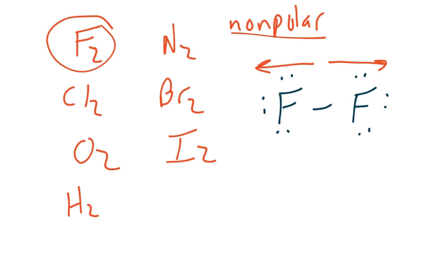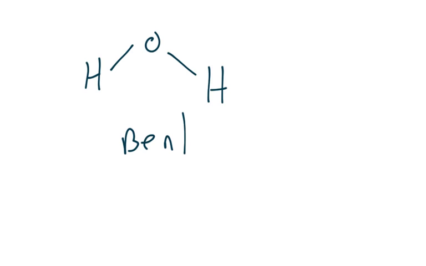Now let's talk about asymmetrical. The minute you introduce a lone pair, you totally lose the symmetry. So here's an example. We'll use water to start off with. Everyone is familiar with this bent structure of water. And what happens here is oxygen is the electronegative element. So you have the oxygen pulling that way, and you have this oxygen also pulling that way.